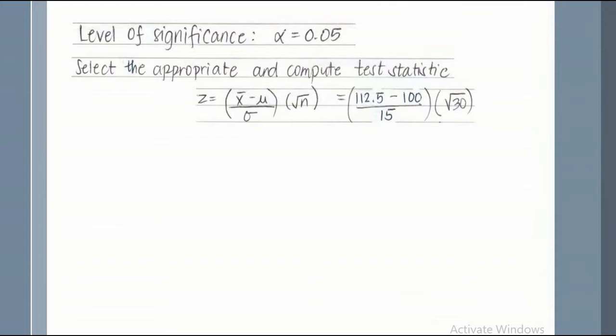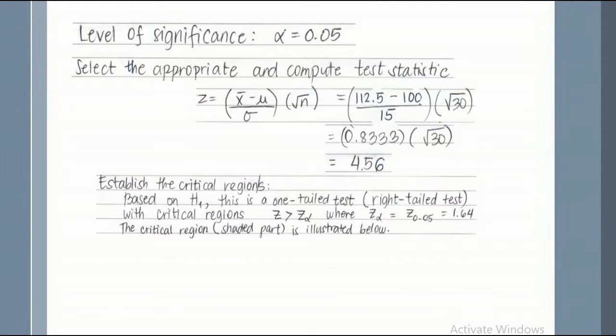So it is equal to 112.5 minus 100 over 15 divided by square root of 30. That would be equal to 0.8333 multiplied by square root of 30. So that is 4.56.